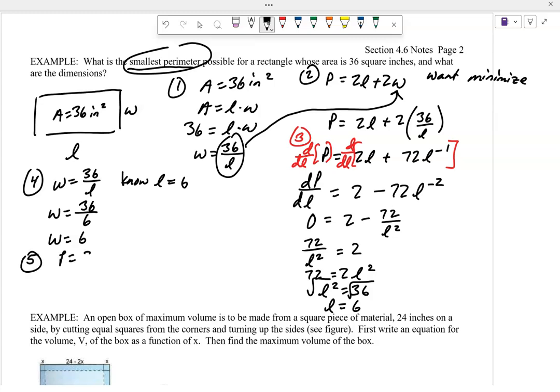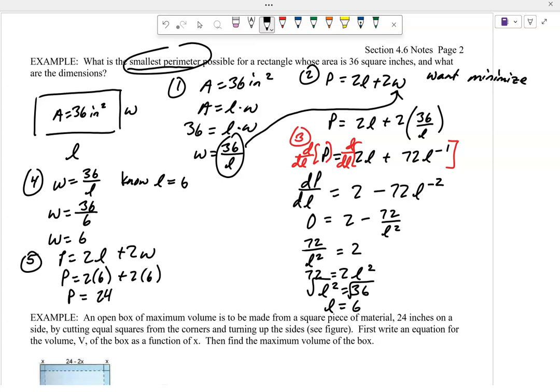So our perimeter, 2L plus 2W, right? If I add up L plus L plus W plus W, for our perimeter, yeah, 24. So this actually ends up being a square.